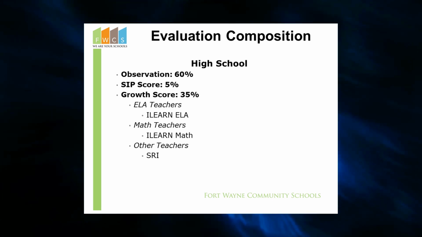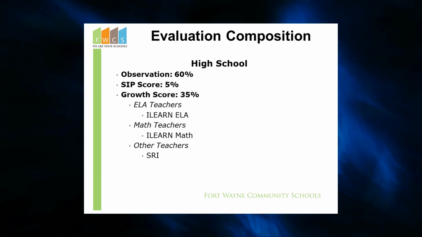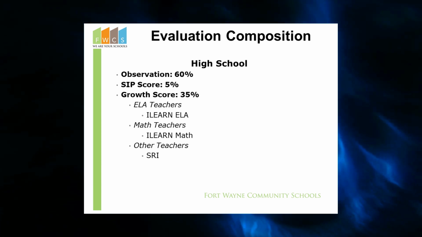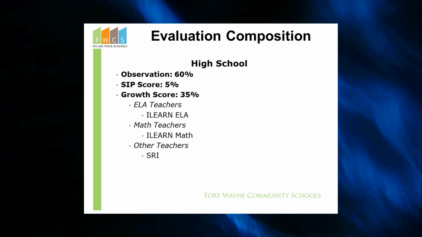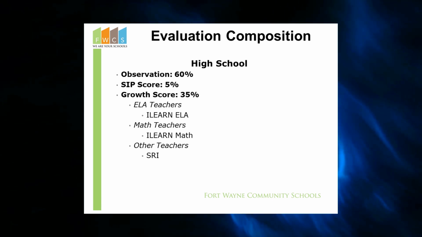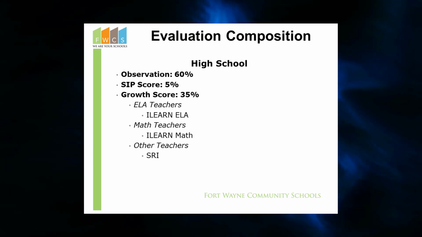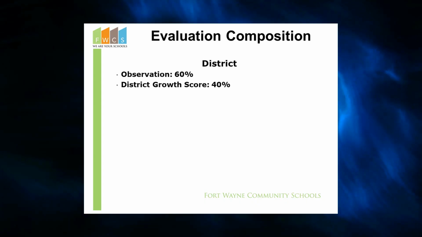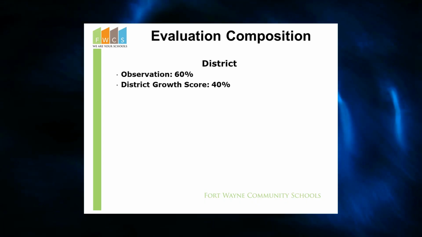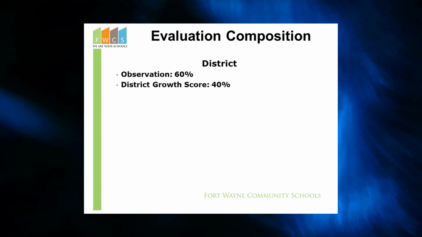For teachers that only teach math and have students that have ILEARN math growth, only the growth for those students will be used. For other teachers that do not have ILEARN ELA or ILEARN math growth, SRI growth will be used. For district-level educators, 60% will be observation and 40% will be district-wide student growth.